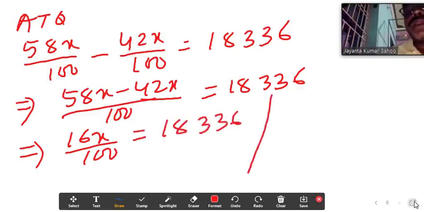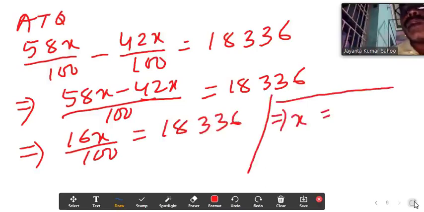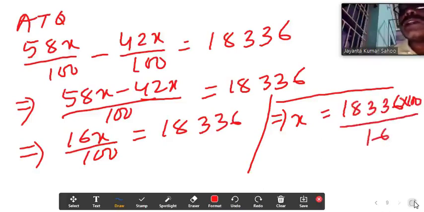18,336, which implies directly x equal to 18,336 into 100 whole divided by 16.